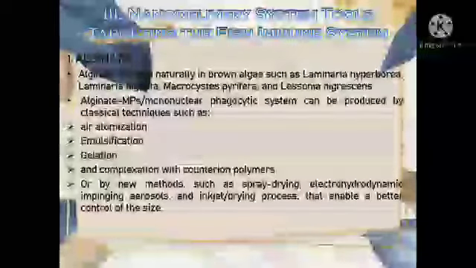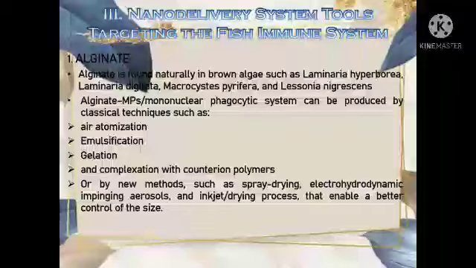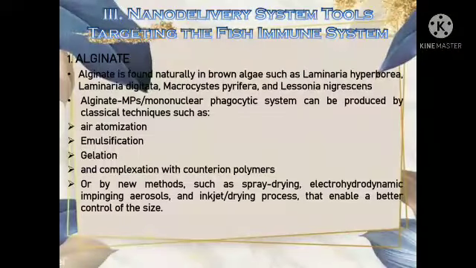Nano-delivery system tools targeting the fish immune system. Alginate. Alginate is found naturally in brown algae such as Laminaria hyperborea, Laminaria digitata, Macrocystis pyrifera, and Lessonia nigrescens.